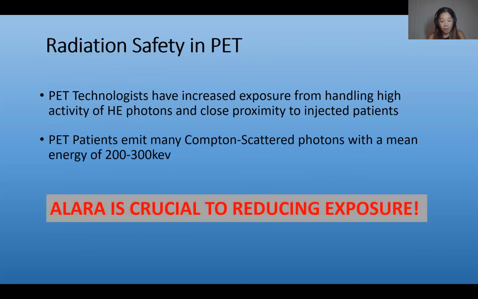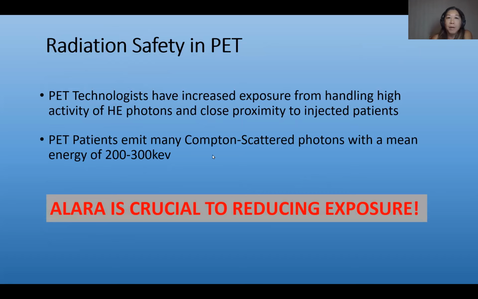So one of the concerns in PET, of course, is radiation safety, and PET technologists have increased exposure from handling high activity of the high energy photons, in addition to having close proximity to the injected patients.